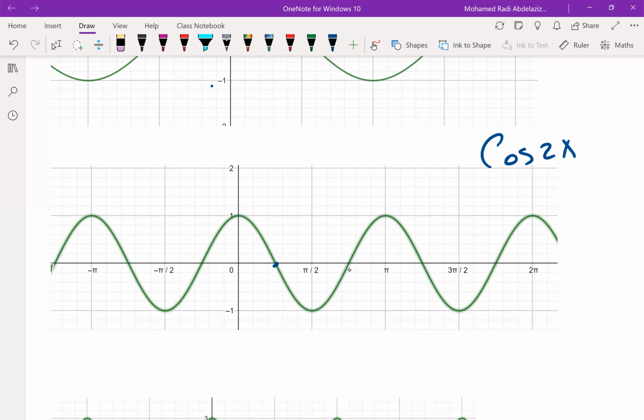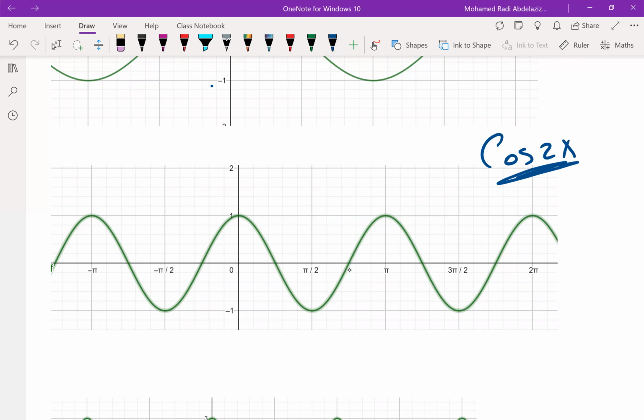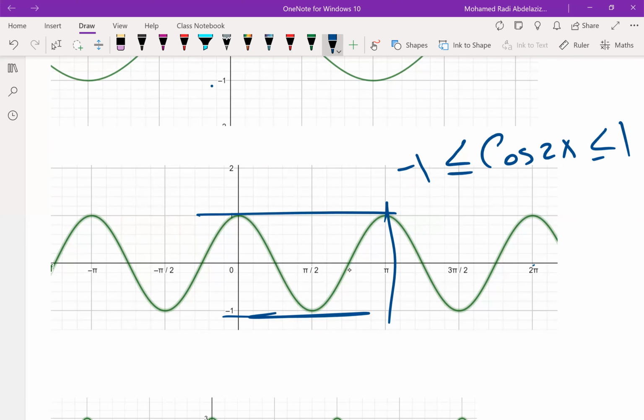If we now ask about the range, it's still from negative 1 to positive 1. So the minimum and maximum values of cosine 2x are negative 1 and positive 1. Even if it is from 0 to pi, it's still the same.